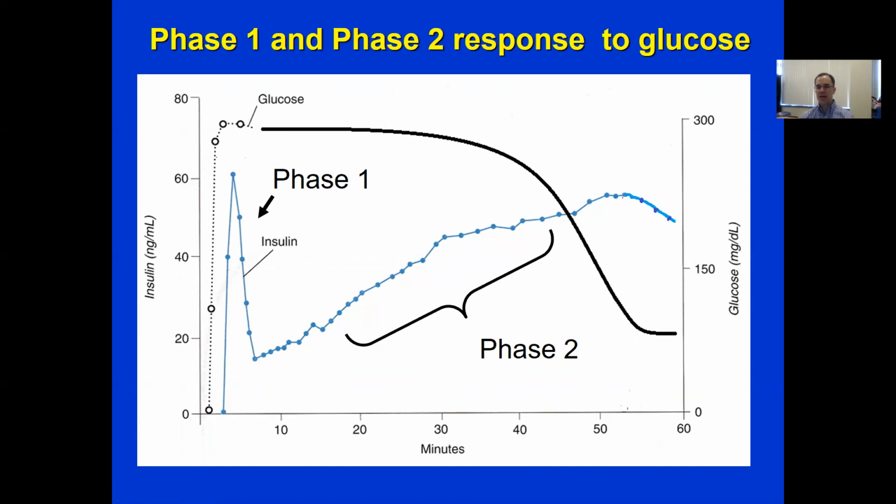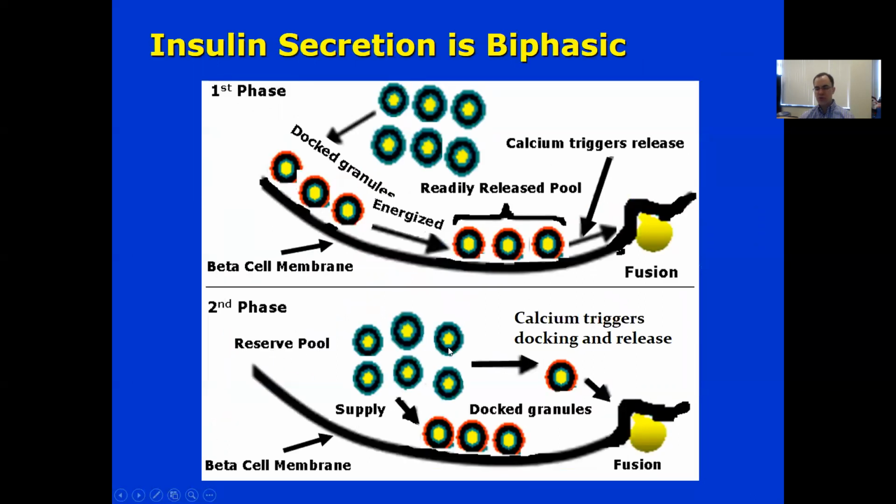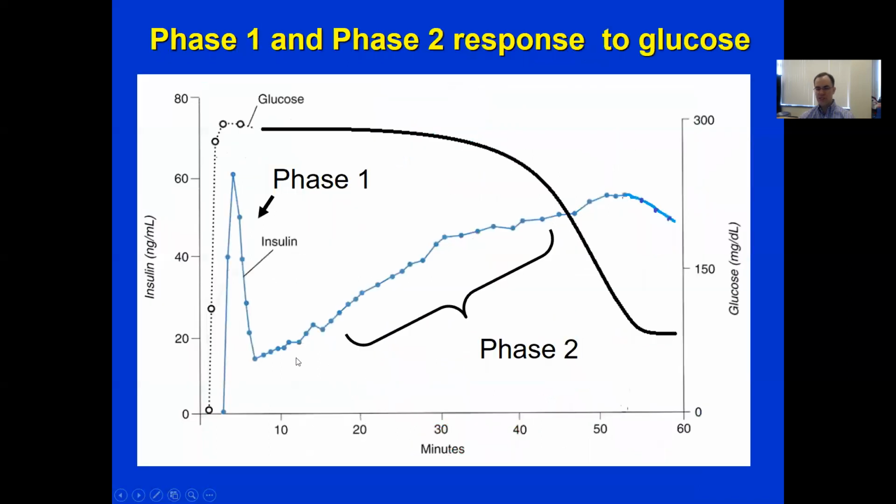At the same time, as you see phase 1 starts to drop, phase 2 kicks in. Phase 1 gives time for phase 2, for this reserve pool, to make its way to the cell membrane and to be released. And you can see finally over time, phase 2 insulin is released, and the blood glucose levels will go down.